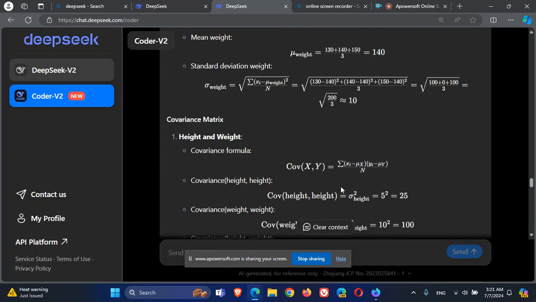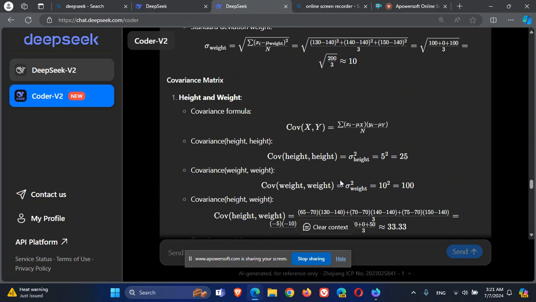Now I calculate the covariance matrix. The covariance matrix tells me what the relationship is between the values.